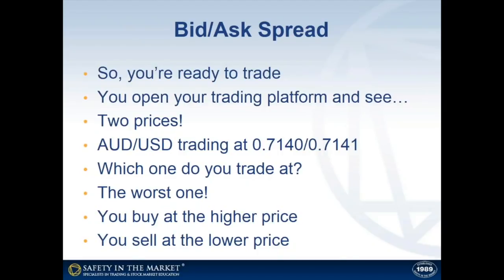So your bid on the left, that's the highest price buyers want to pay, and the ask on the right is the lowest price that sellers want to sell at. And somewhere in the middle there's your spread, and that will move around a little bit depending on the time of day and the liquidity. But obviously, there is a natural spread between what buyers and sellers want to pay, and most brokers will add a little bit of extra spread on just so that's where they make their money. We'll talk about that in a sec.